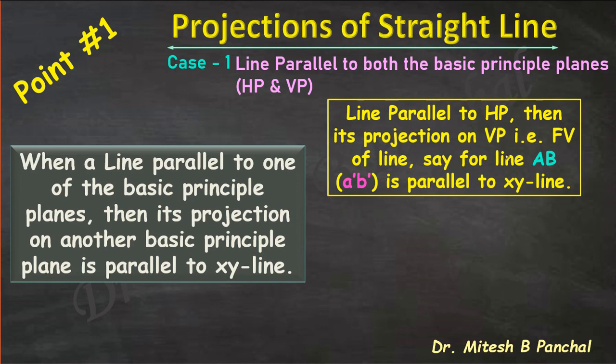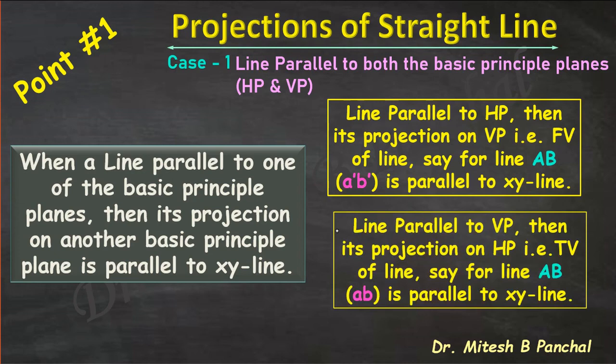We know that the projection of an object on VP gives the front view. So the front view of line AB, that is A dash B dash, is parallel to XY. Suppose the line is parallel to VP, then its projection on HP, that is the top view, is parallel to XY. This is point number one.